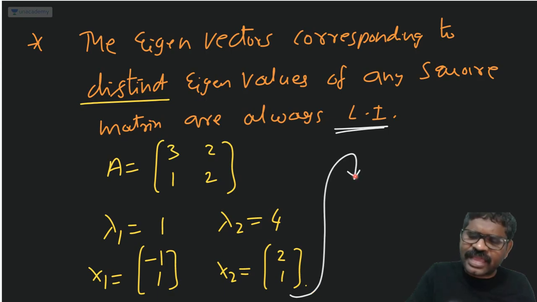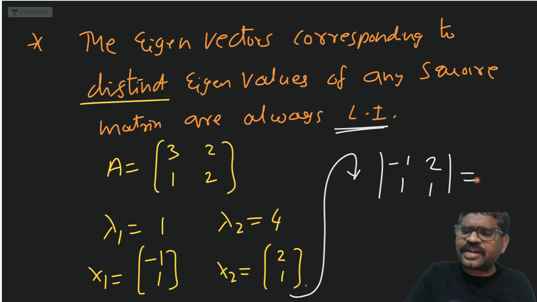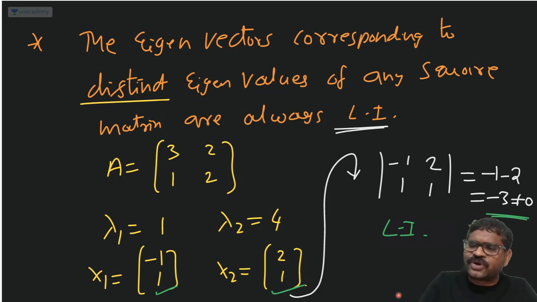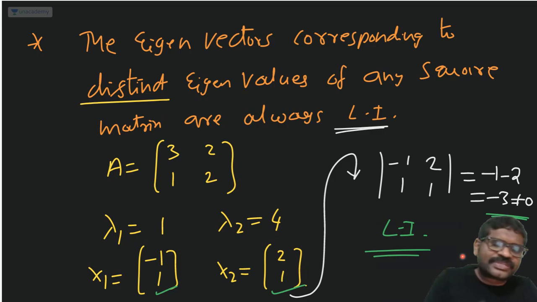Verify: arrange these two vectors in a matrix and calculate the determinant value. Zero or non-zero? Non-zero. Therefore, they are linearly independent. Understood? I arranged the eigenvectors in a matrix, calculated the determinant value, and found it non-zero. Therefore, they are linearly independent. Understood? Next.